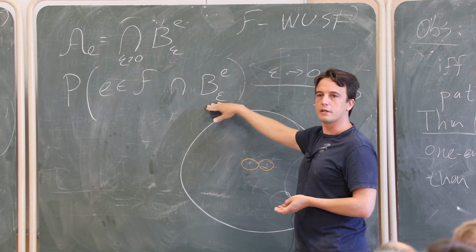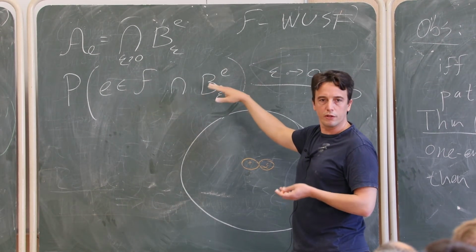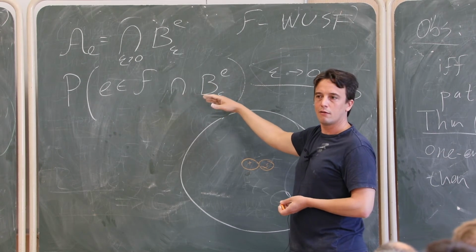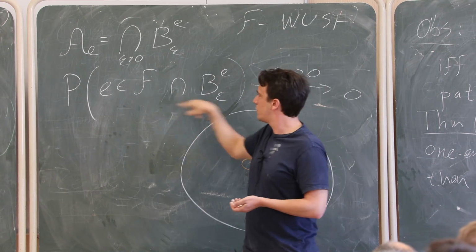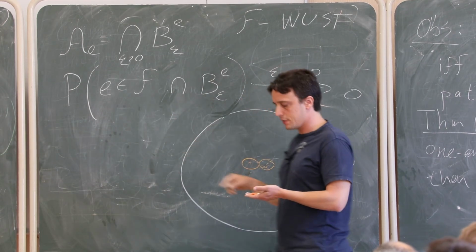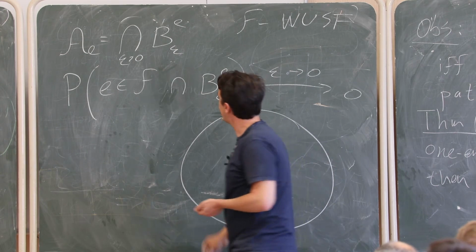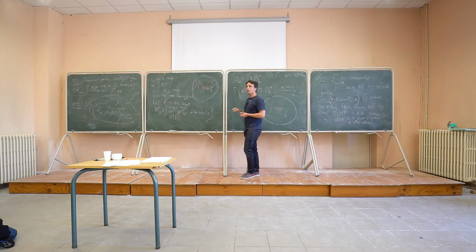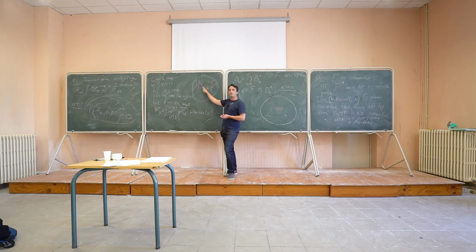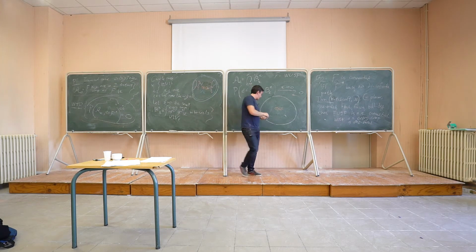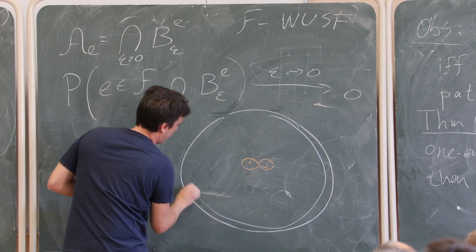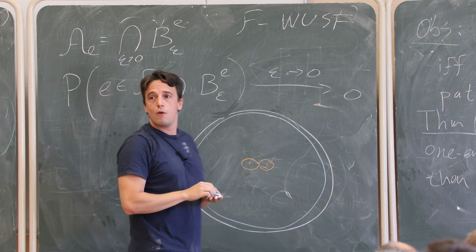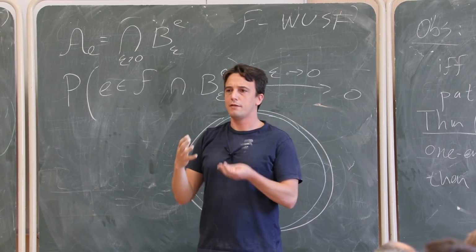I want to prove that the intersection of events is small, so I will condition on this event and show that the probability that E is in F is small. If I condition on B epsilon E, I know there's a path in the tree that starts from x and ends at the blue line. Let's draw the blue line again. Here it is.